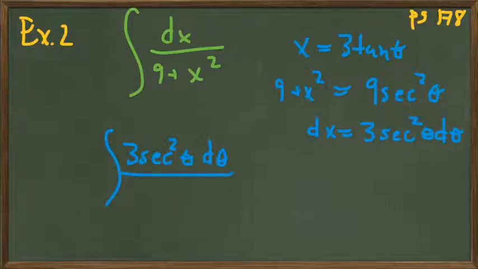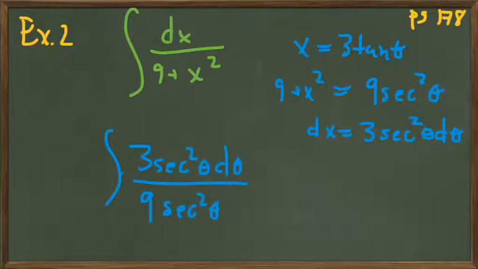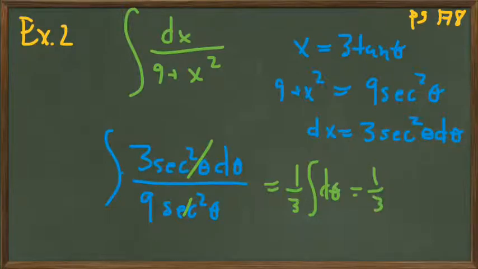The denominator we just said was 9 secant squared theta. And so the secant squareds cancel out, and we've got 1/3 d theta, 1/3 theta plus c, and as before, the theta is the inverse trig function.